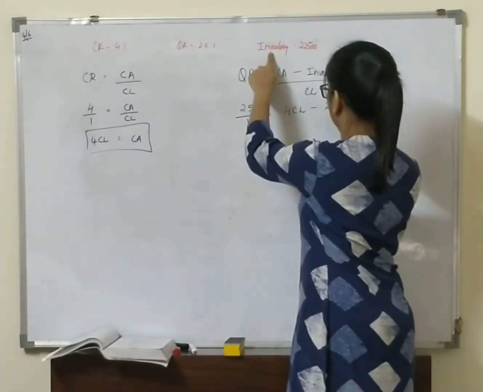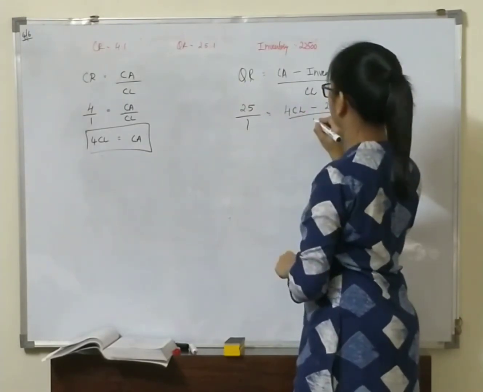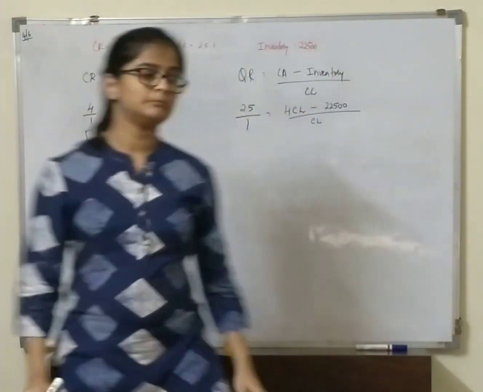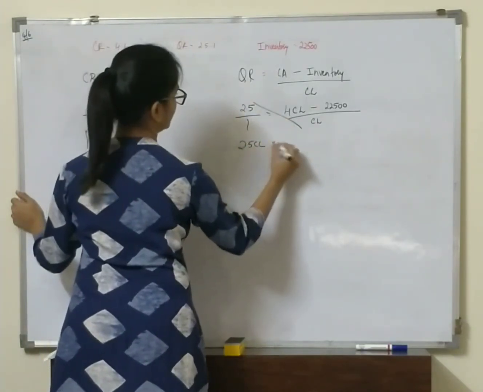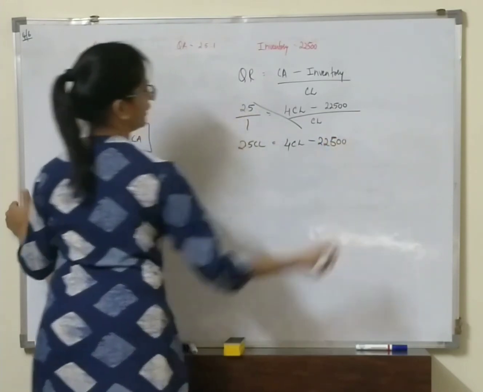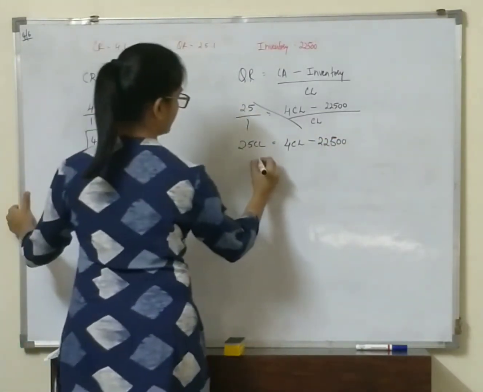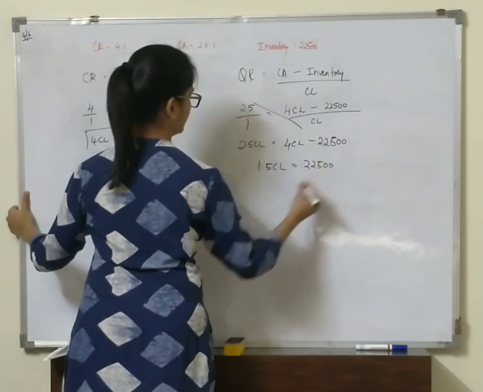Inventory amount is 22,500. Current liability is as it is. So cross multiply. 2.5 current liability is equal to 4 current liability minus 22,500. 1.5 current liability is equal to 22,500.